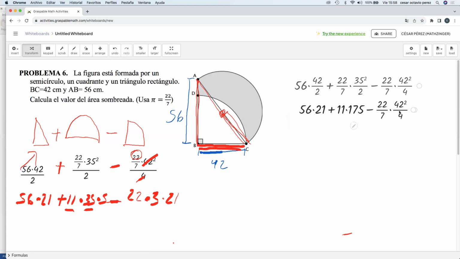Here we will have 22 times 63. Okay. Here we will have this. 7 por 7. 7 por 7. This is 49 times.